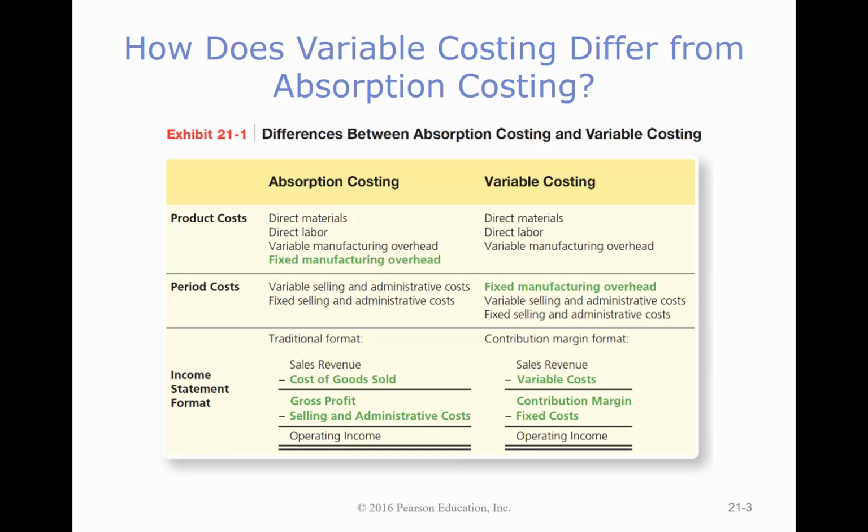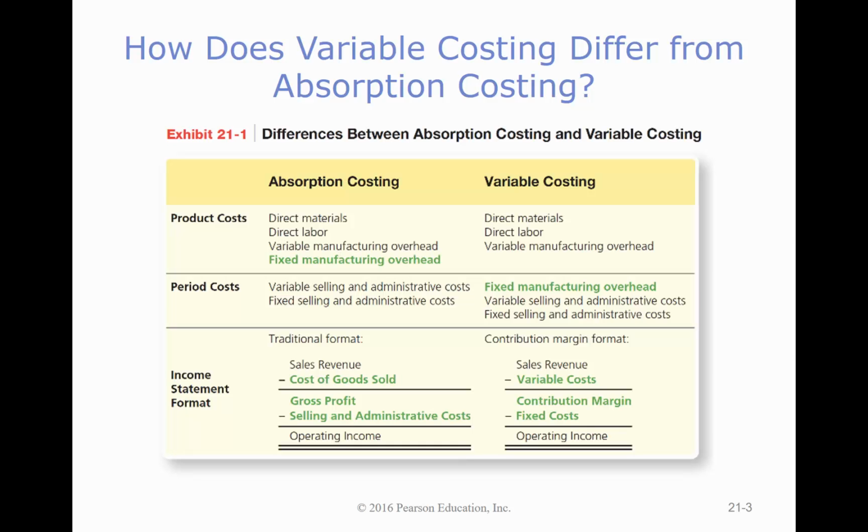So absorption costing to variable costing. Here's the big difference. In absorption costing, our product costs included direct materials, direct labor, and all manufacturing overhead. That was our product costs. And then our period costs were the variable selling and administrative costs and the fixed selling and administrative costs.